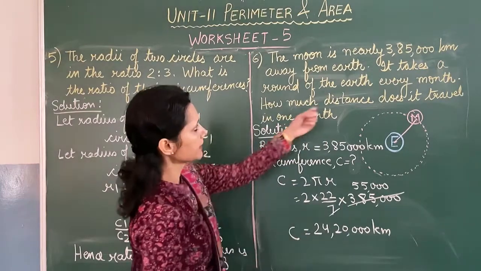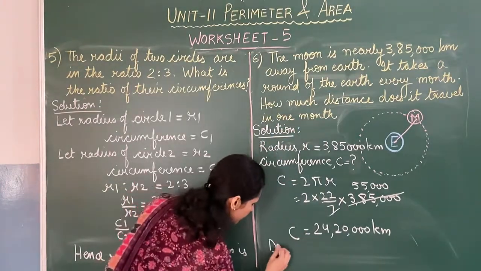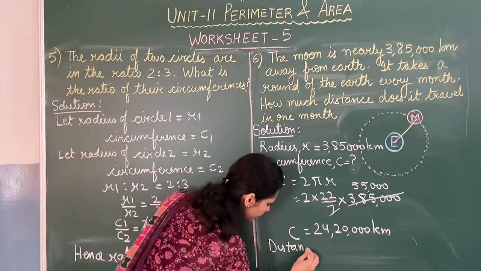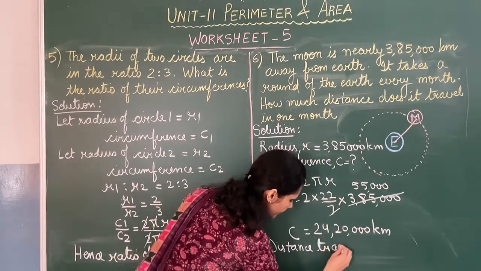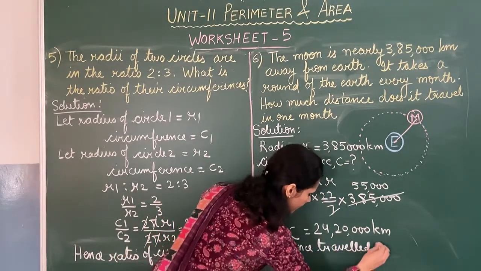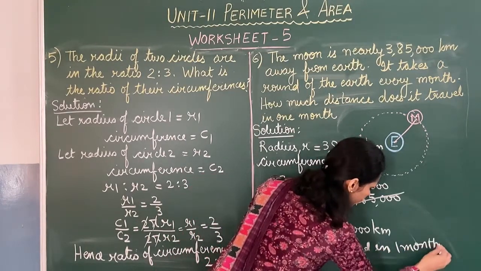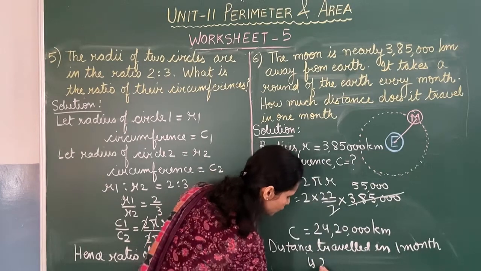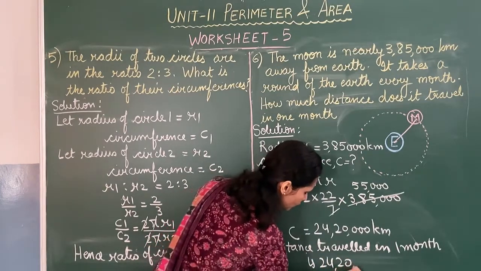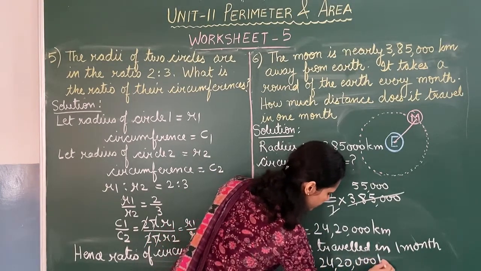That means the distance traveled in 1 month is 24,20,000 kilometers.